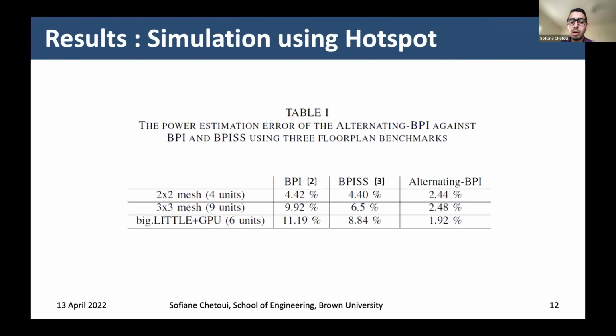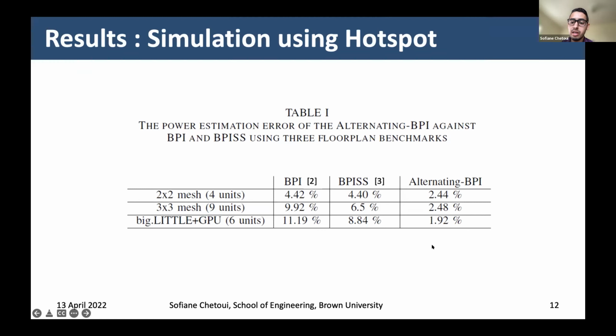So we compared our work against 2 other blind identification techniques from the literature, using 3 different benchmarks. So we are using a 4-unit layout and a 9-unit layout. These first 2 benchmarks are homogeneous, so all the units are similar. And then we have a heterogeneous layout with 6 units, using a big-little GPU architecture.